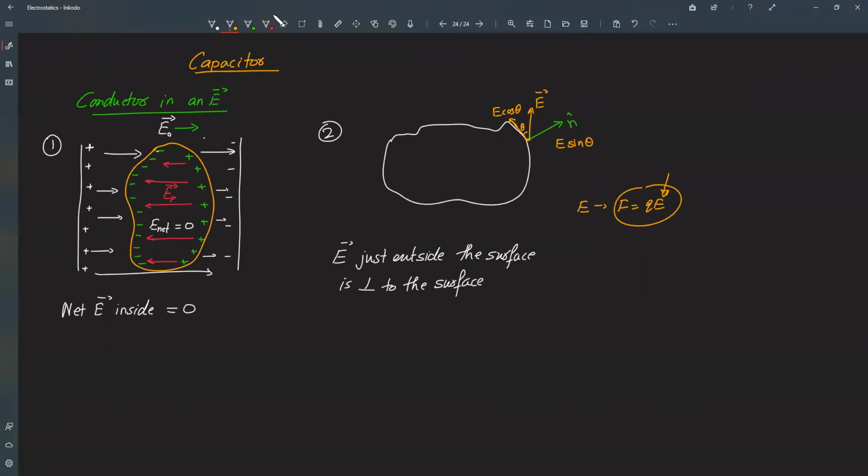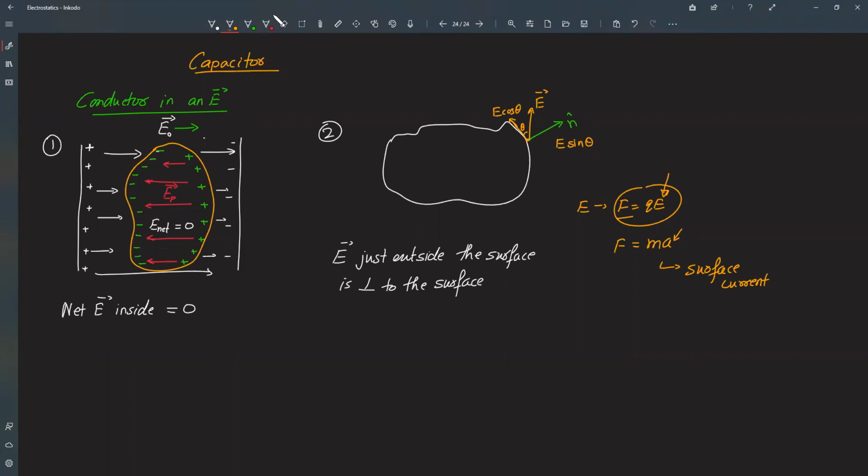And that will tend to accelerate because there is a force, due to force there will be an acceleration, and the charge will accelerate on the surface, and if that happens it will lead to a surface current, that is current due to flow of charge on the surface.